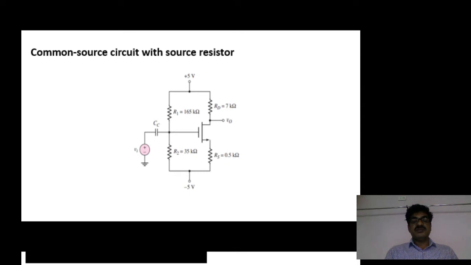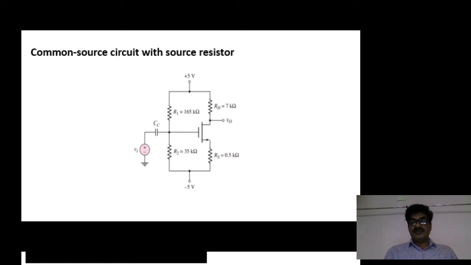If you take the MOSFET structure, the gate is separated from the substrate by an insulating material. Whereas between source and drain, it is represented by a current source with the value gm times VGS, because the output current depends on the input voltage VGS.